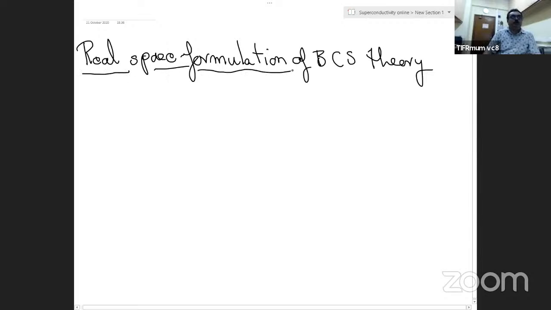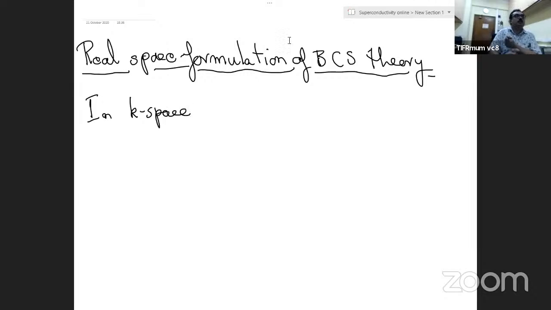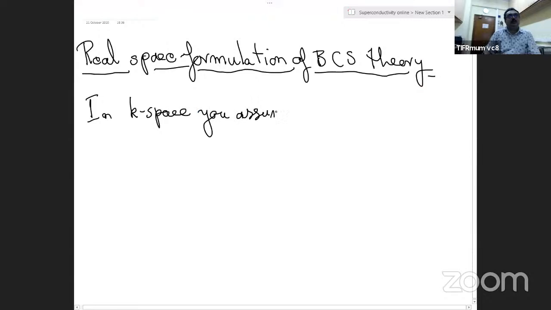That is because when you are working in K-space, you assume that K is a good quantum number.